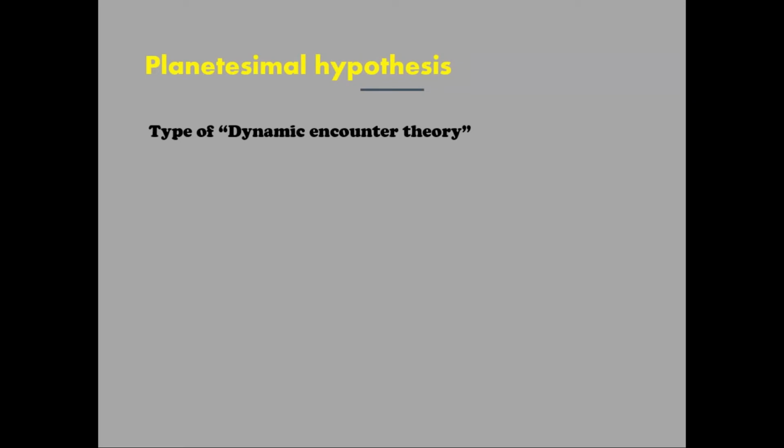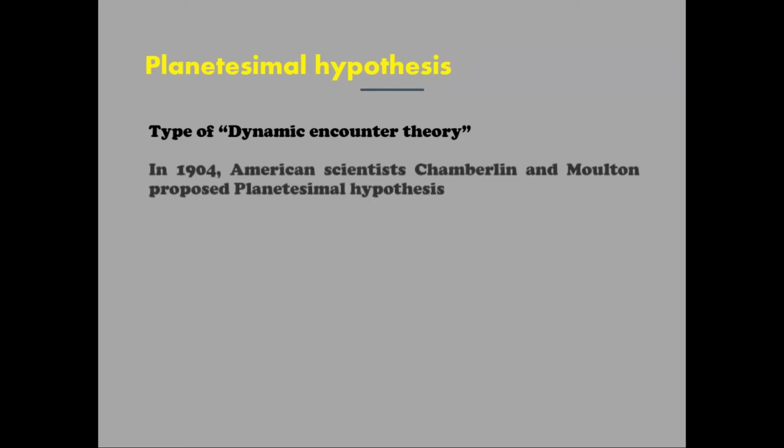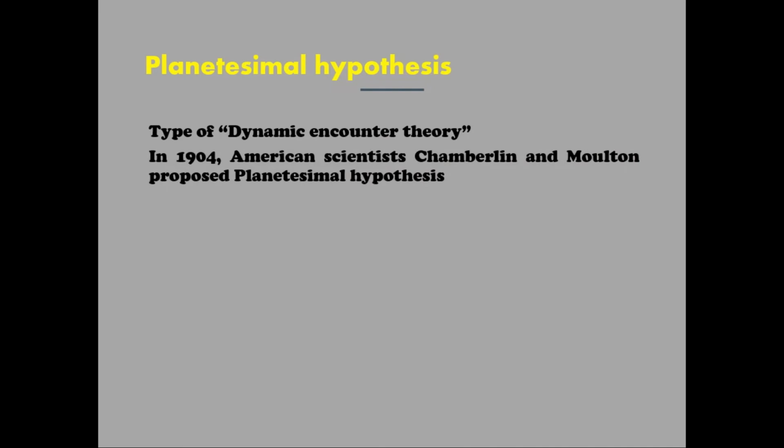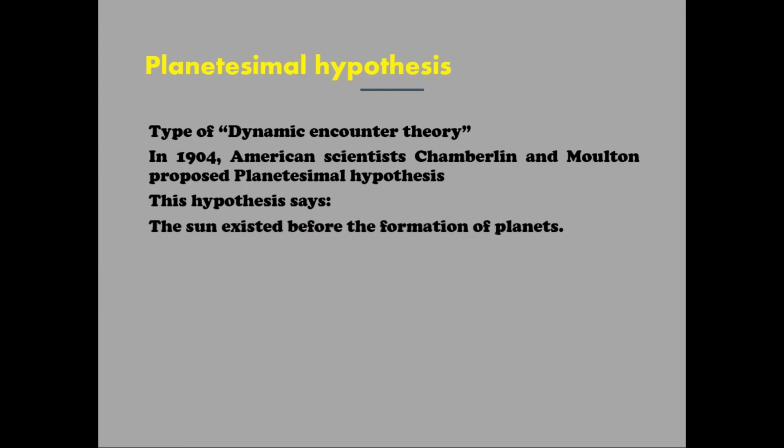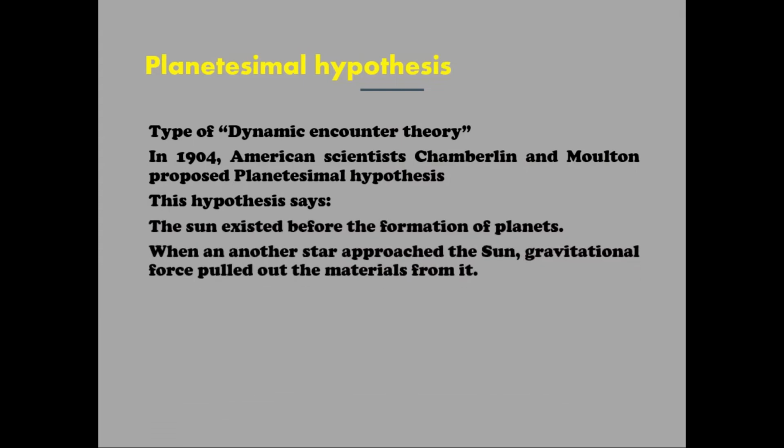Planetesimal Hypothesis. This hypothesis is also called dynamic encounter theory. In 1904, American scientists Chamberlain and Moulton proposed this hypothesis. According to this hypothesis, the Sun existed before the formation of planets. When another star approached the Sun, gravitational force pulled out materials from the Sun.